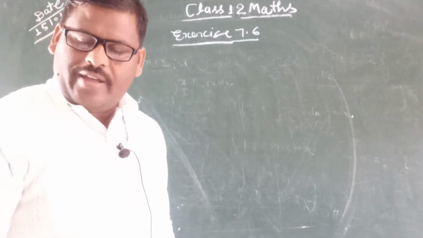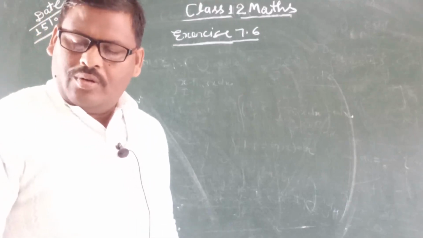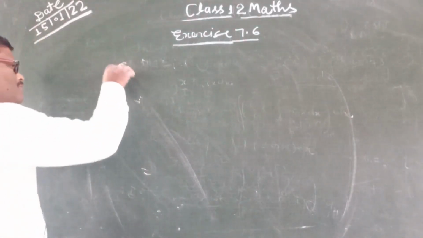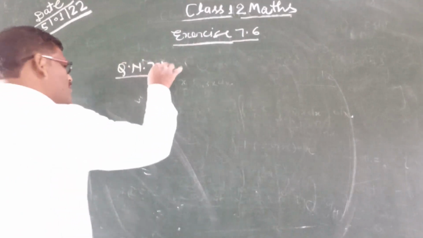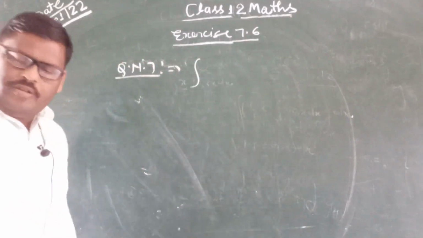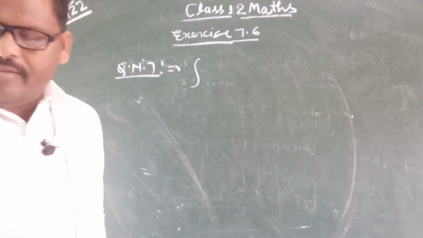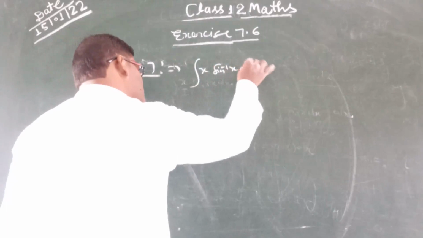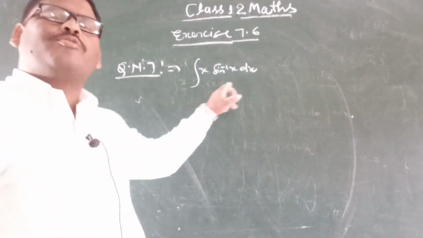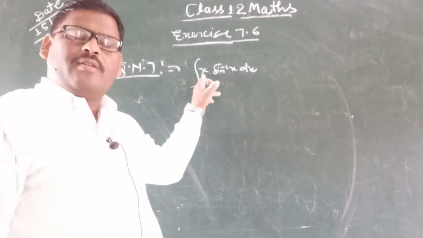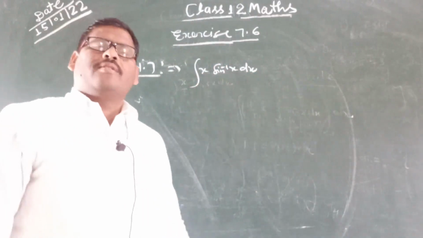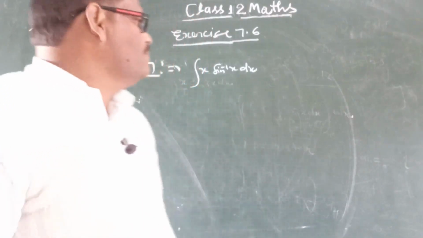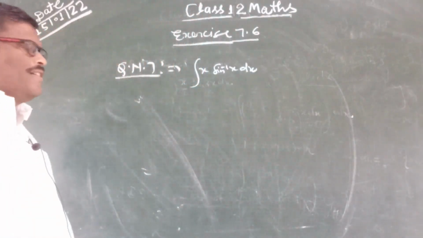Question 5 is like this. Now question number 7: integration of x sin inverse x dx, which is a product of two functions. Sin inverse x is an inverse function and x is an algebraic function.